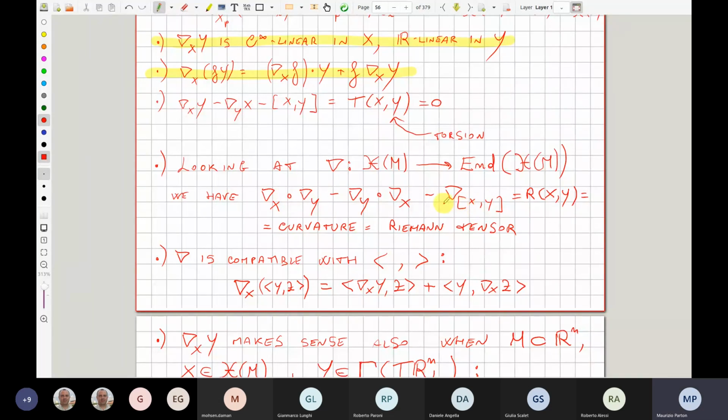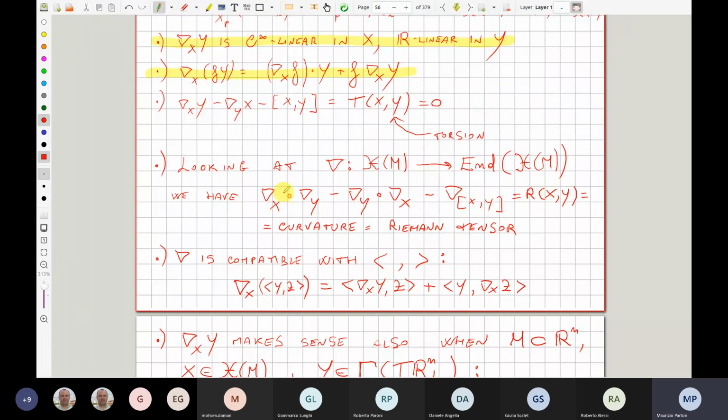Okay? So this means that we already put two vector fields inside, but we still have space left for two other vector fields. Okay? Or we still have space for one vector field, and we obtain a vector field. So technically, we have space for one vector field and for one form. Because remember that vector fields are the dual of the dual, so they are linear maps on forms, if you remember this point of view.